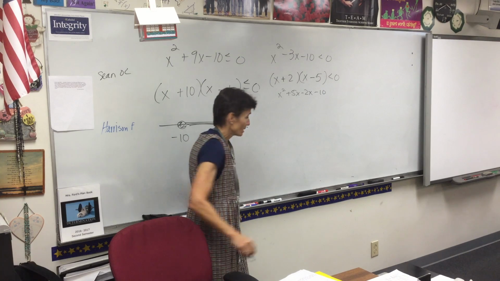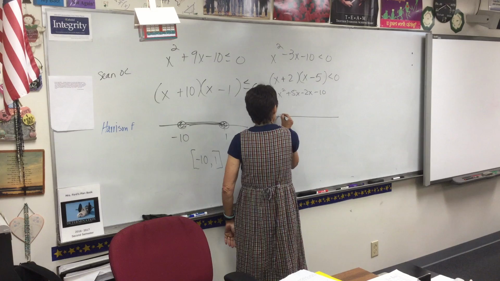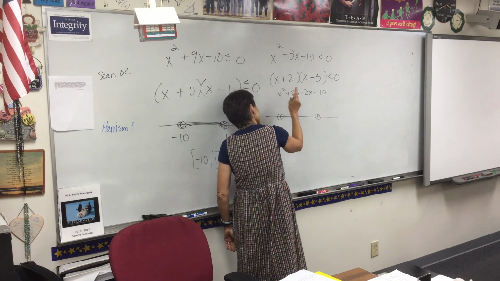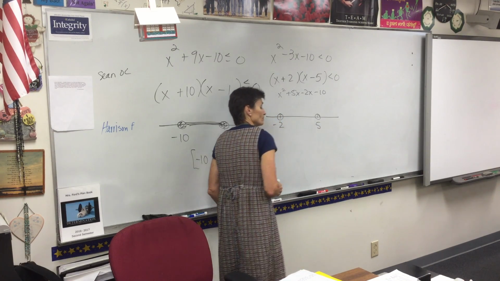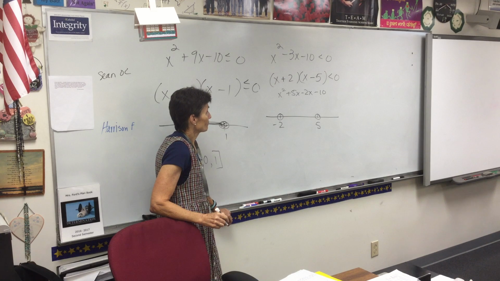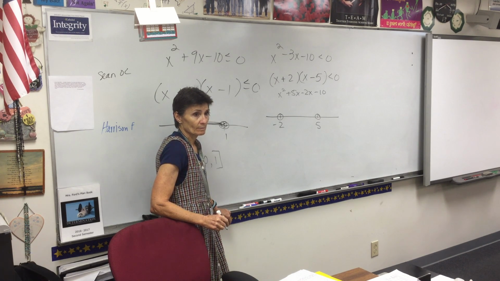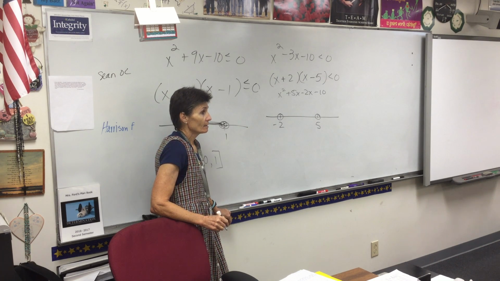Yeah. So now I'll draw my number line. And on the number line are gonna go 2 dots, and the 2 dots are gonna go at the opposite of the parentheses. So -2 and 5. They're gonna be open dots, right? And they're gonna be shaded less than.